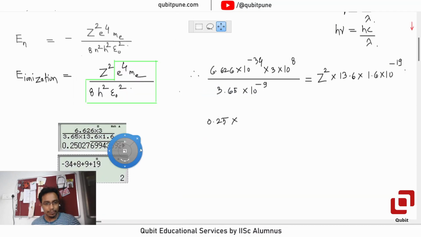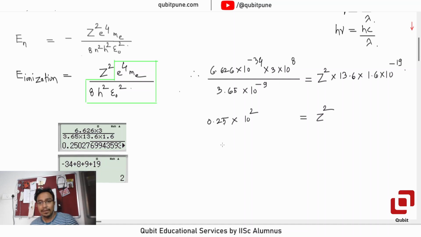That is 2, which means this must be multiplied by 10 squared, and that is z squared. So 10 squared into 0.25 is 0.25 into 100, which is 25.